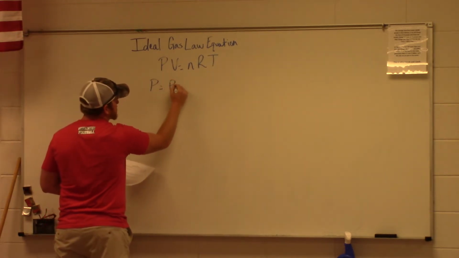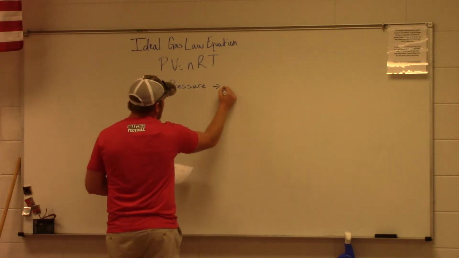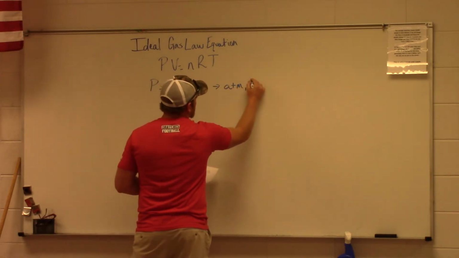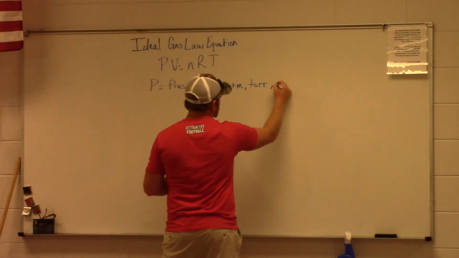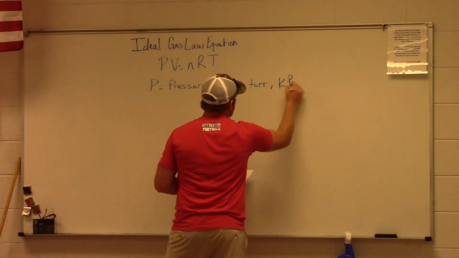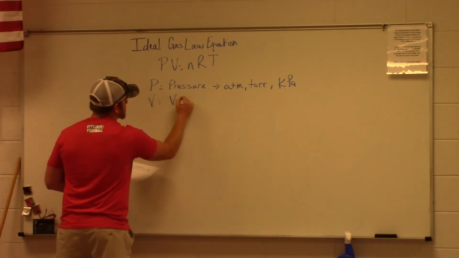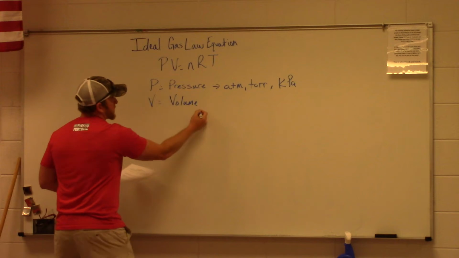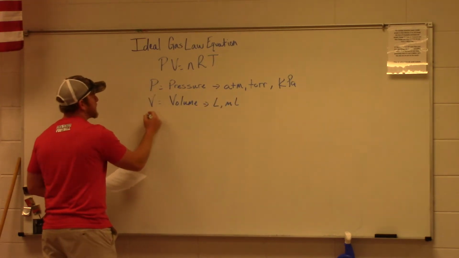P represents pressure, which we can measure in atmospheres, in torr, or sometimes in kilopascals. We'll talk a little bit more about that later. Volume is V, which for us will be measured in liters or milliliters.